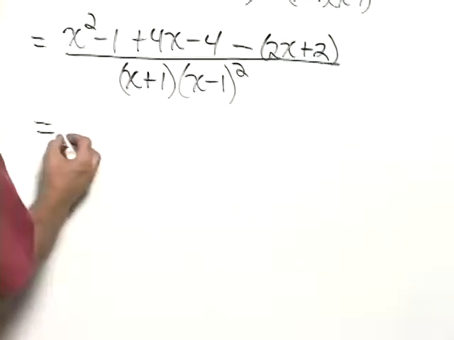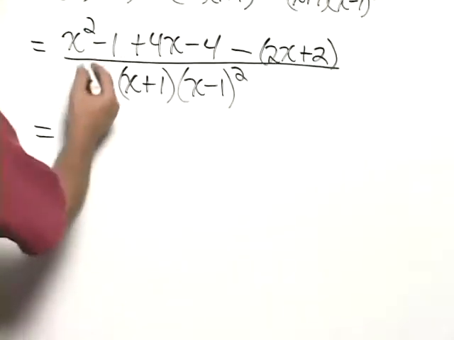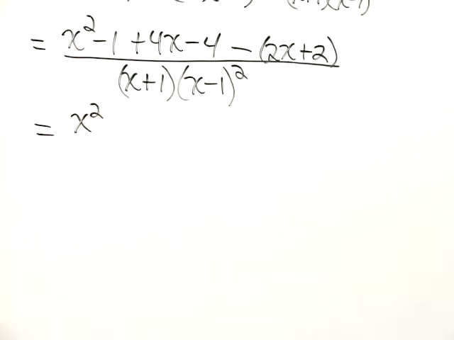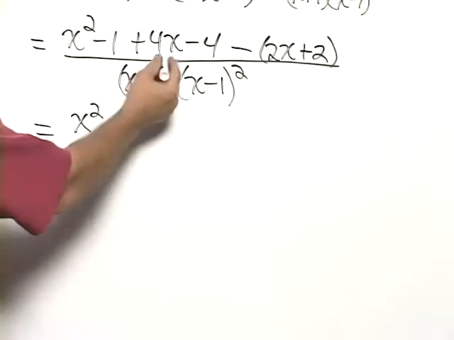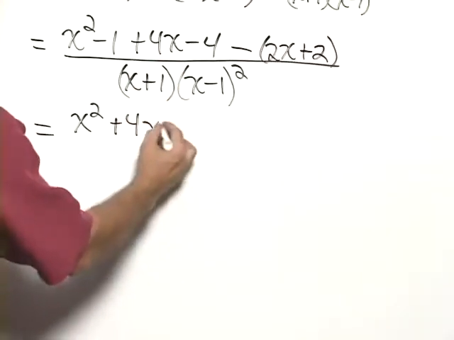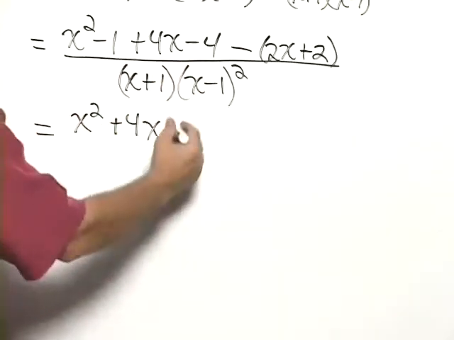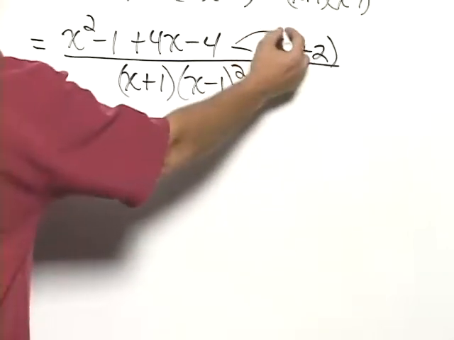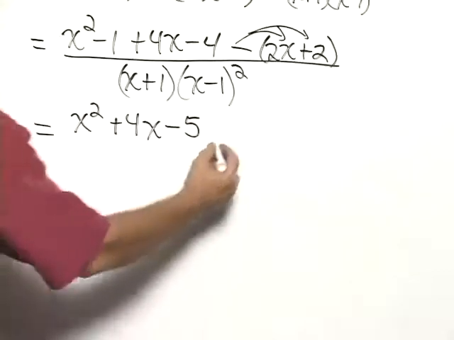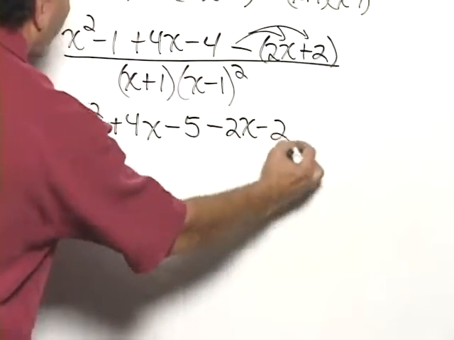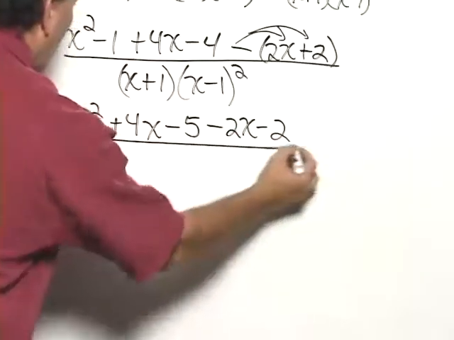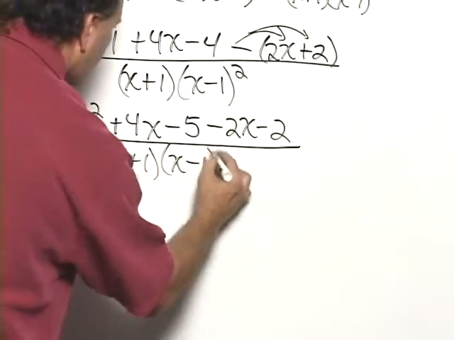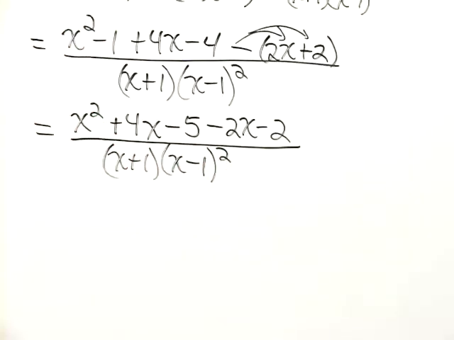Simplifying further, we have, well, the only x squared term is x squared. We have this 4x. We have minus 1 and minus 4, which is minus 5. And then we need to distribute the minus, so we have minus 2x minus 2. All of that over x plus 1 times x minus 1 quantity squared.